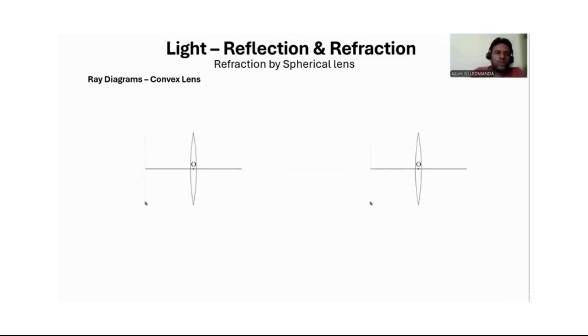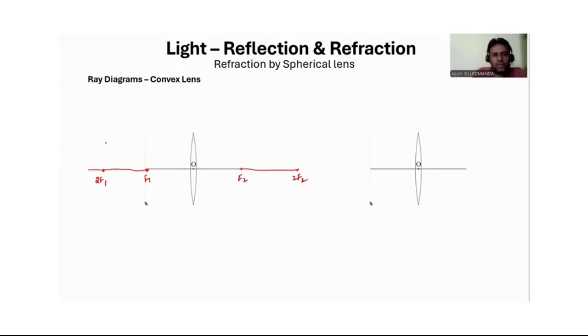Now, what happens if the line is incident through the focus? So this is O, and let's say this is 2F1, and this is F1. As I said, going forward, I will not refer to C1, C2. I'll just refer to 2F1 and 2F2.